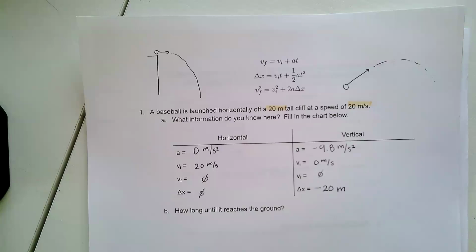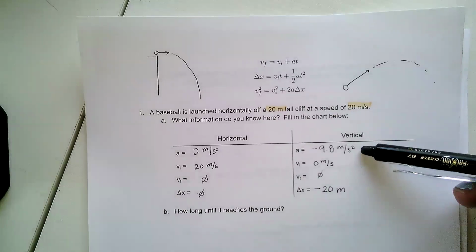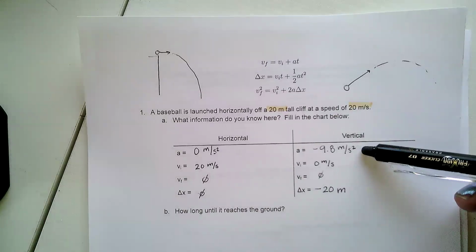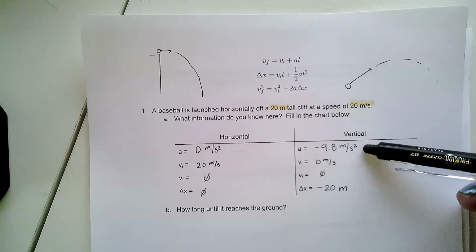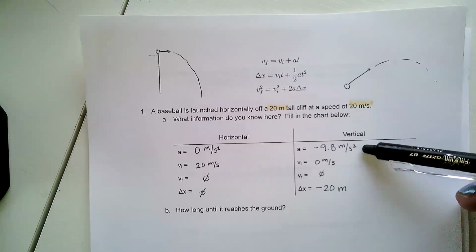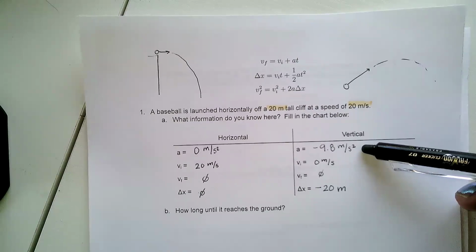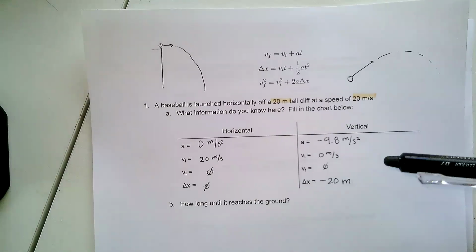If you don't see that word, assume it's a vertical question. Part of that is because horizontal is pretty boring. It doesn't have any acceleration, which means it doesn't have any forces really driving the problem. Vertically, we do have something, gravity, driving the problem and determining what's going to happen next. That's why vertical tends to dictate, and then horizontal follows. And we'll see that here.